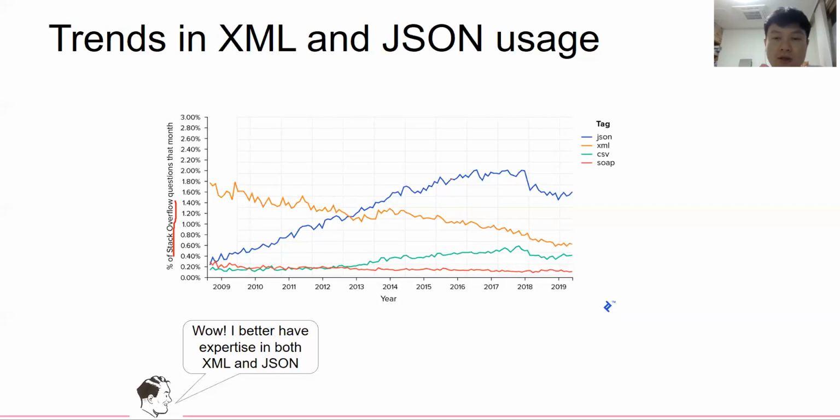Among those data formats, we can also use CSV, and we can also use SOAP. SOAP means Service Oriented Access Protocol. We can also use SOAP to store data, but it's not that popular.